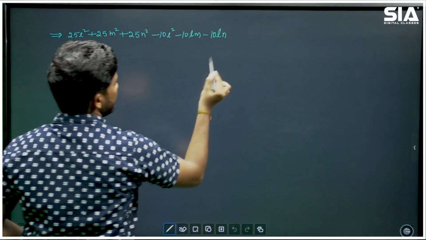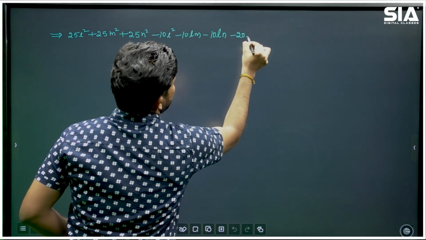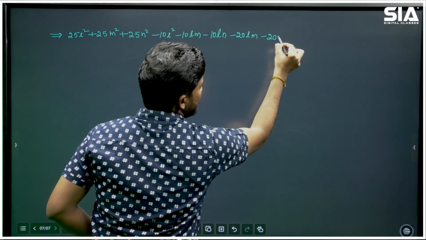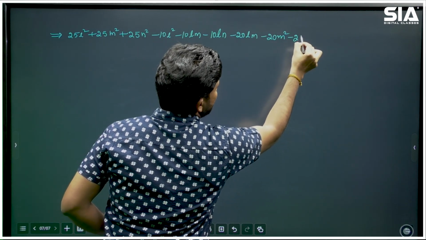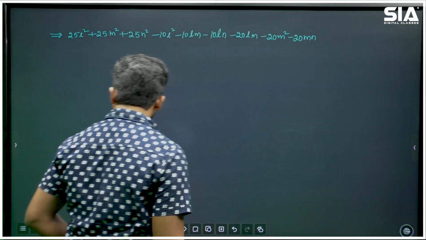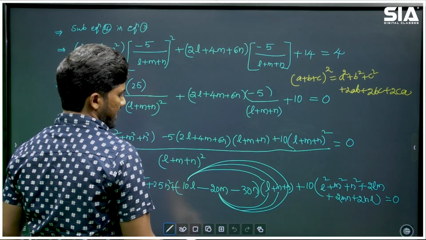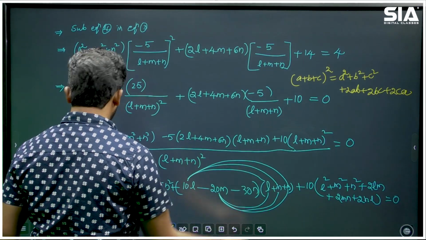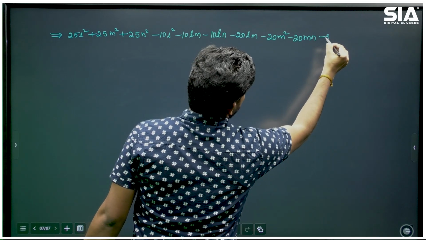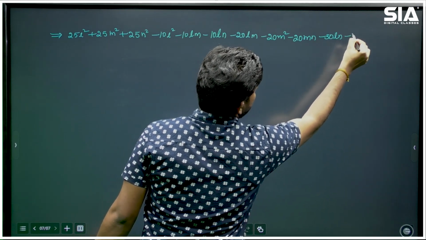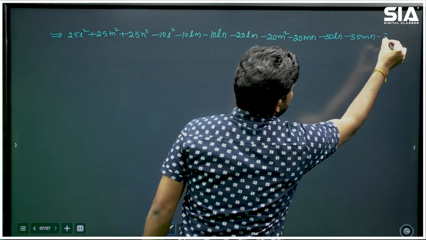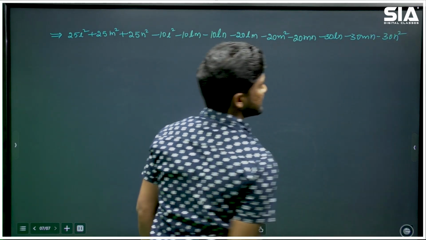With minus 20M: minus 20 LM, minus 20 M square, minus 20 MN. Next value is minus 30N. With minus 30N multiply three values: minus 30 LN, minus 30 MN, minus 30 N square.